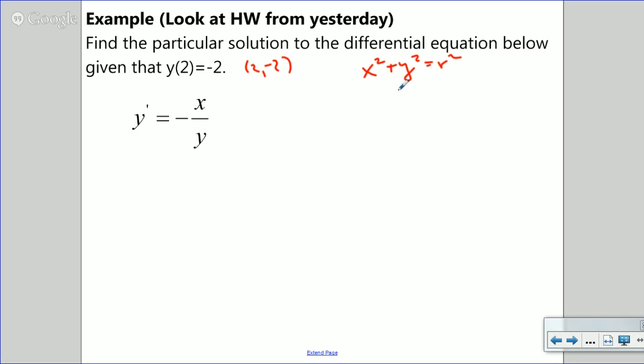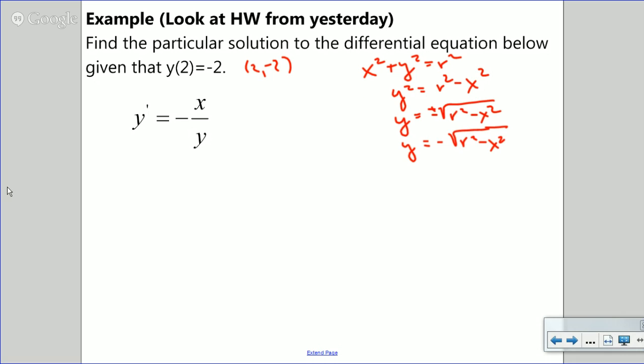Okay, so if I wanted to solve for y, I'd get y squared equals r squared minus x squared. And then I'd get y equals plus or minus the square root of r squared minus x squared. And in our case, since it's the bottom half of a circle, I'm going to want the negative root. Okay, so my prediction is our answer is going to look like this for some value r.